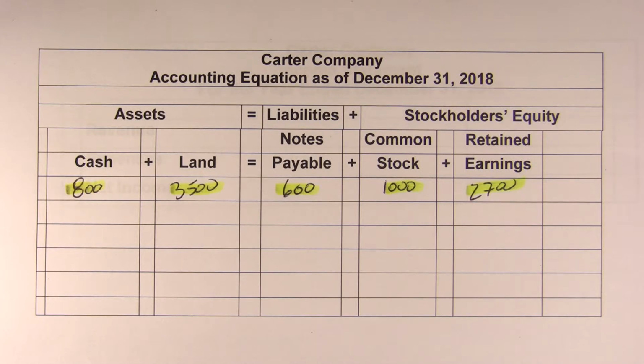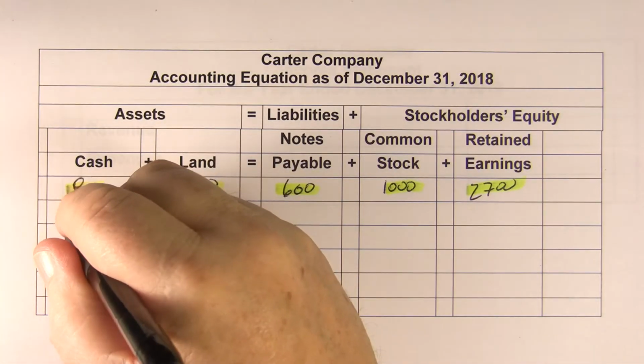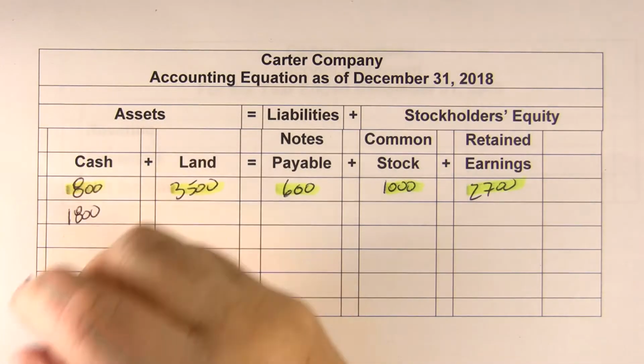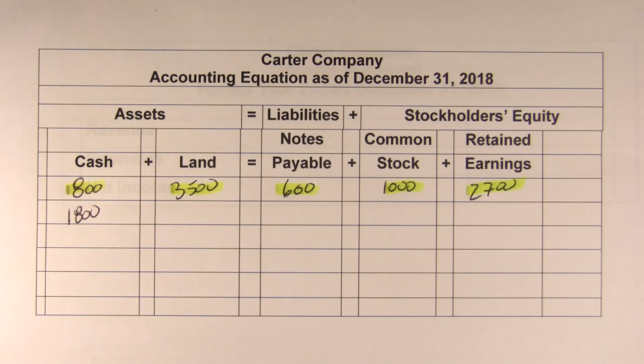Now, they tell us throughout the ensuing period, the company had a couple of things happen. First of all, they earned $1,800 in revenue. They didn't tell us anything different, so we assume it's $1,800 in cash. And remember, this is the double entry system of accounting.